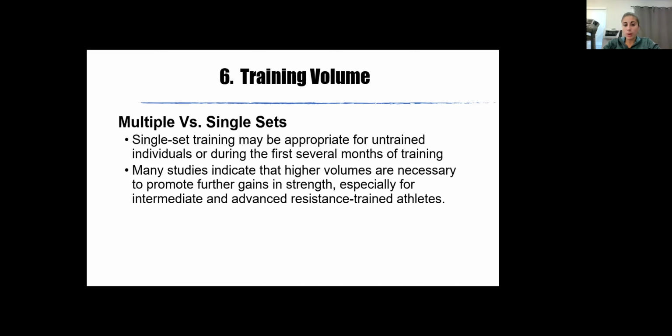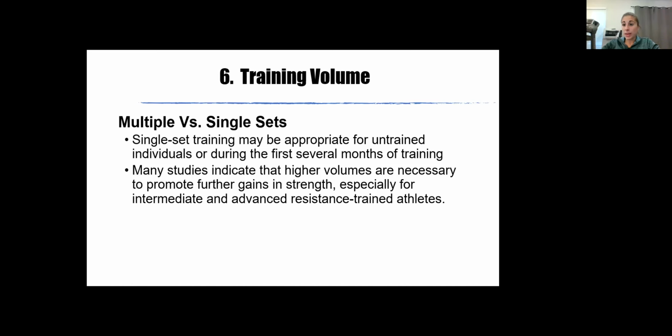You're going to plateau at some point. You need to start increasing sets, and that will promote further gains in strength. You might not change the rep schemes for some weeks, but you do need to eventually increase the sets. So that is important as well for someone who's advanced.